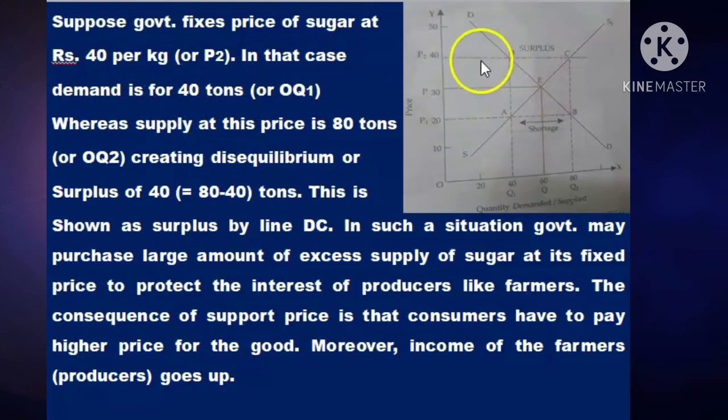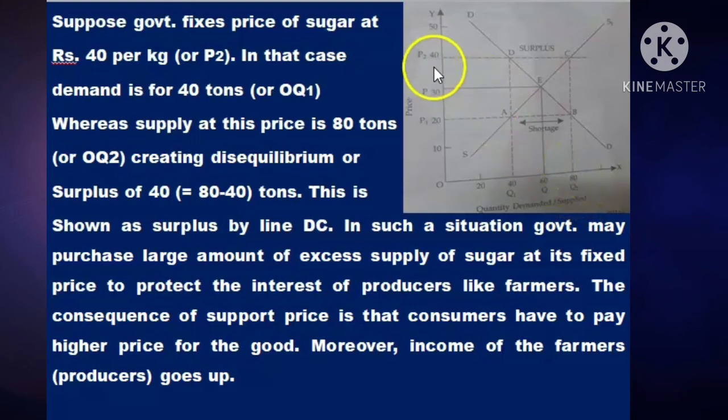Draw the line touching the demand curve D, and then draw a perpendicular downwards. You can see Q1 is equal to 40. This quantity demanded is 40. And the line touching the supply curve gives the quantity supplied Q3, which is 80.